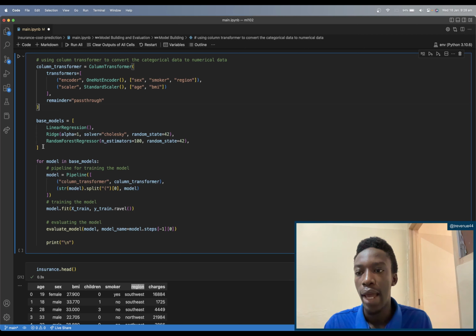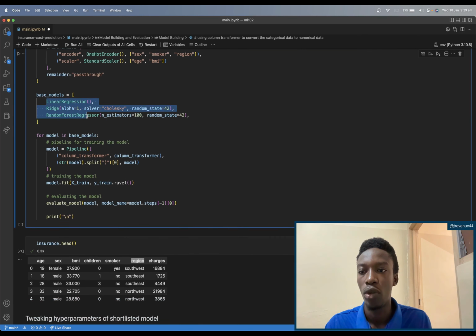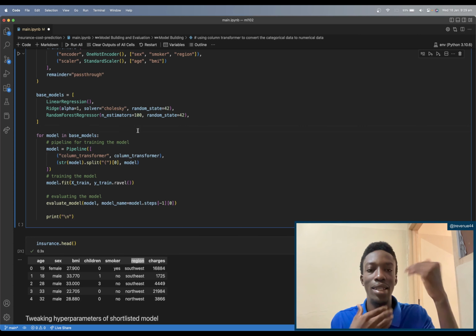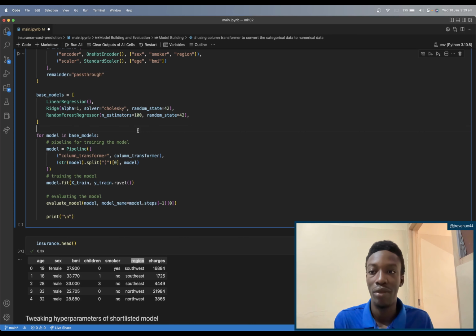Then after that, I had a list of models over here, which is I used the linear regression model, the ridge linear regression model, and the random forest regressor with some initial setup essentially. Right, so I basically used a for loop over these base models and put that model and the column transformer that I have created into a pipeline. So it's basically a pipeline of doing this data engineering, changing the scale of the numerical values and encoding the non-numerical values, all of these steps.